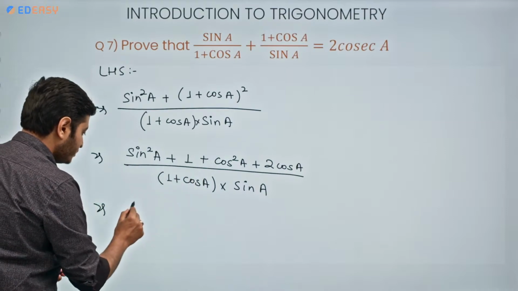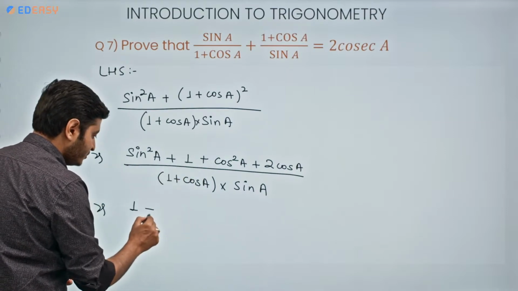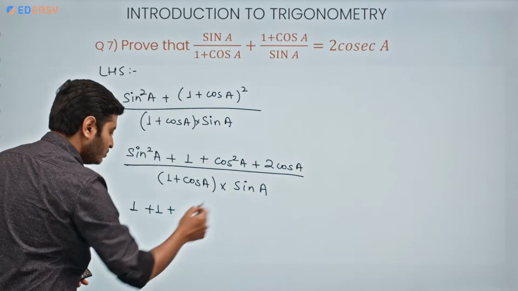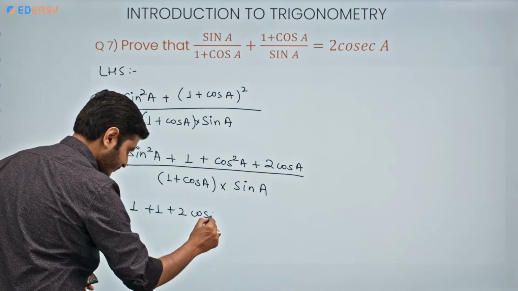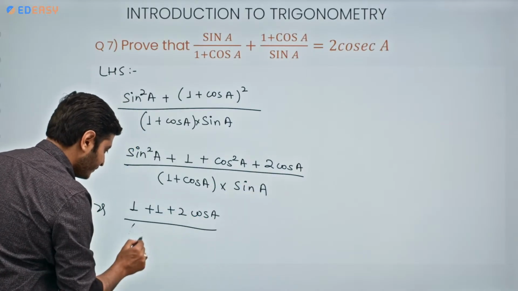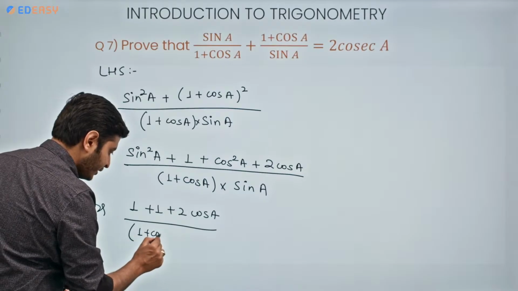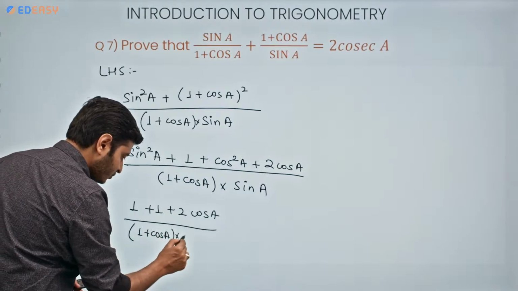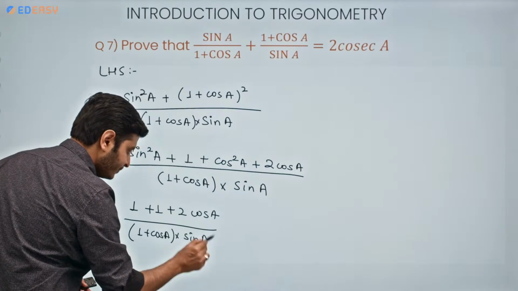So this is going to give us 1. This one as it is, plus 1, plus 2 cos A, divided by 1 plus cos A into sine A.